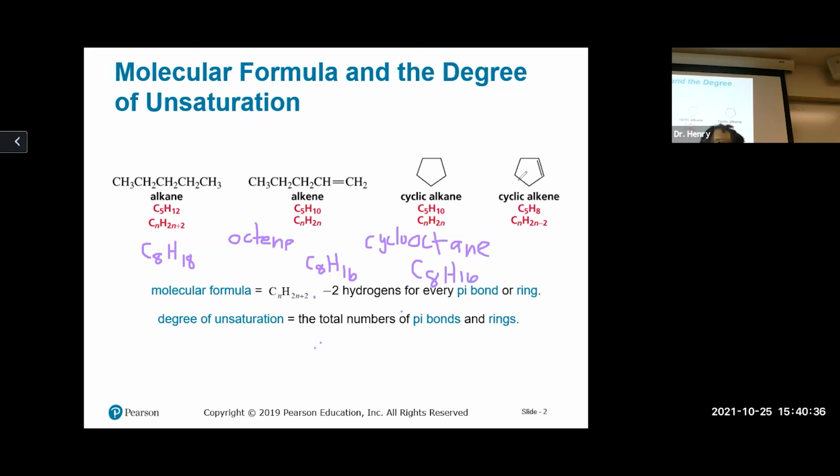If we have cyclooctene, then that guy is going to be C8H14.